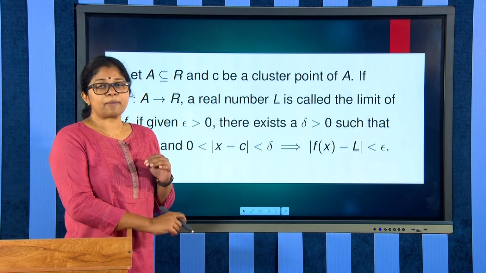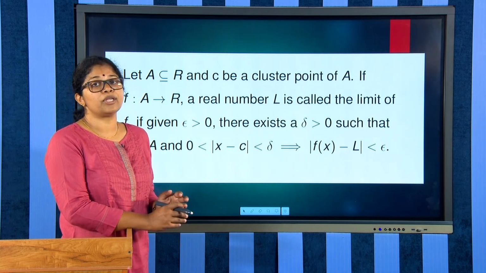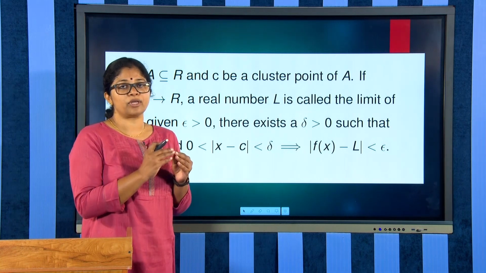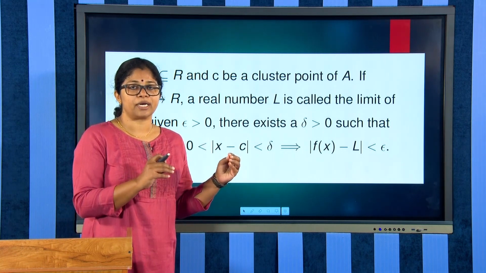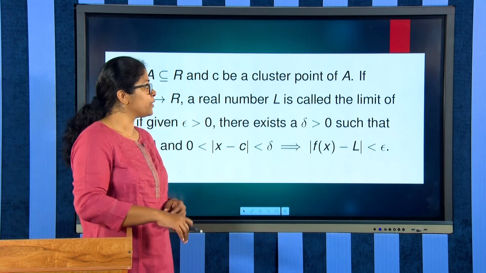Let A be a subset of R and c be a cluster point of A. A cluster point of A means it is a real number to which points of A come arbitrarily close.